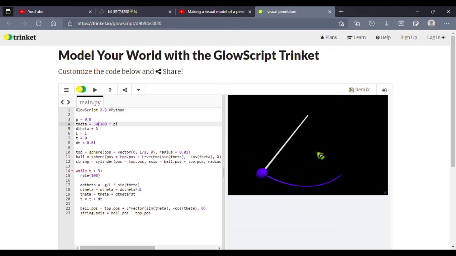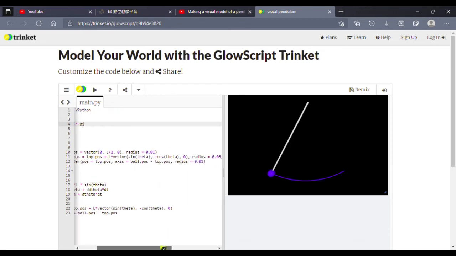And the string, we use a cylinder to display it, and the position means that it will swing around the position of the top, and the axis means in what direction it will expand.